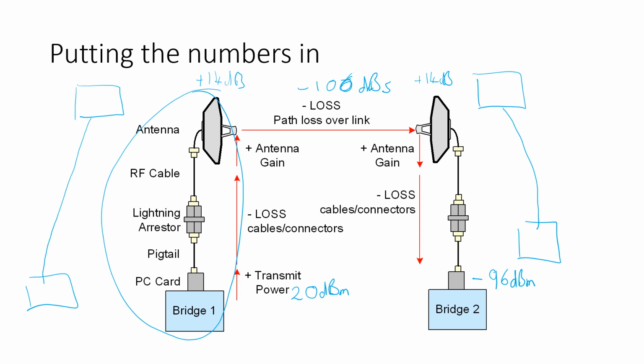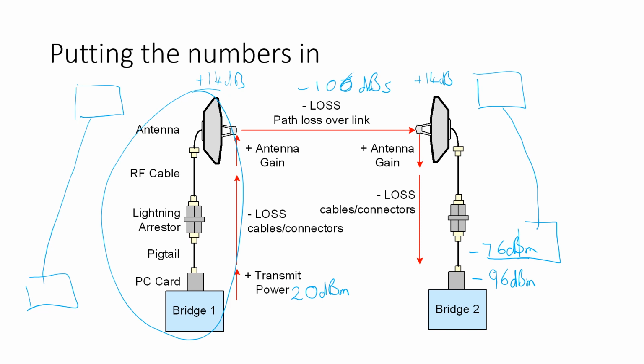If we assume that we have a 20 dB system operating margin, then the amount of power that we need to receive at the receive end will be minus 76 dBm. So essentially that's minus 96 dBm plus 20 dB gives us minus 76 dBm. So that's the power that we actually need to receive at the receiver end.